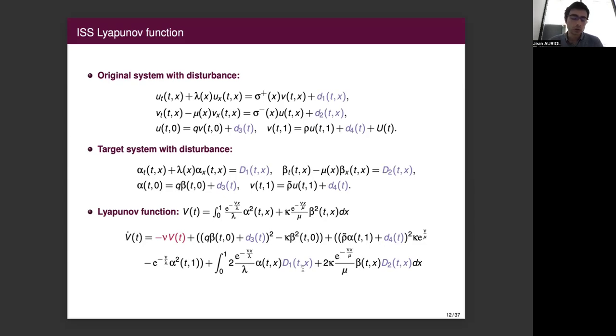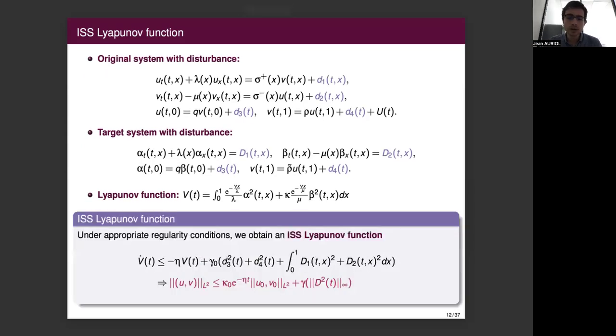If you use Young's inequality and other classical inequalities, you can still bound V dot by minus eta V, where eta is a constant, might not be equal to nu, plus a gamma 0, a constant multiplied by all the disturbance terms. And so you can rewrite the L2 norm of your system as a function of the exponential decay, plus a term that depends on your disturbance, which corresponds to the usual ISS estimate.